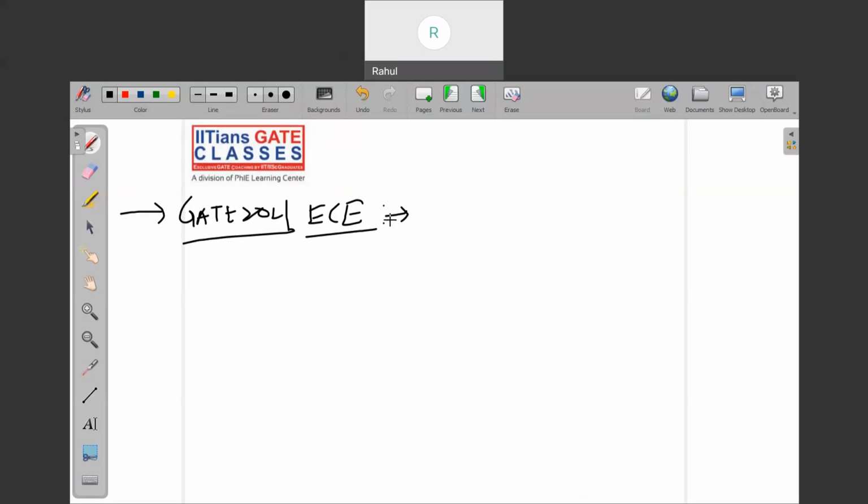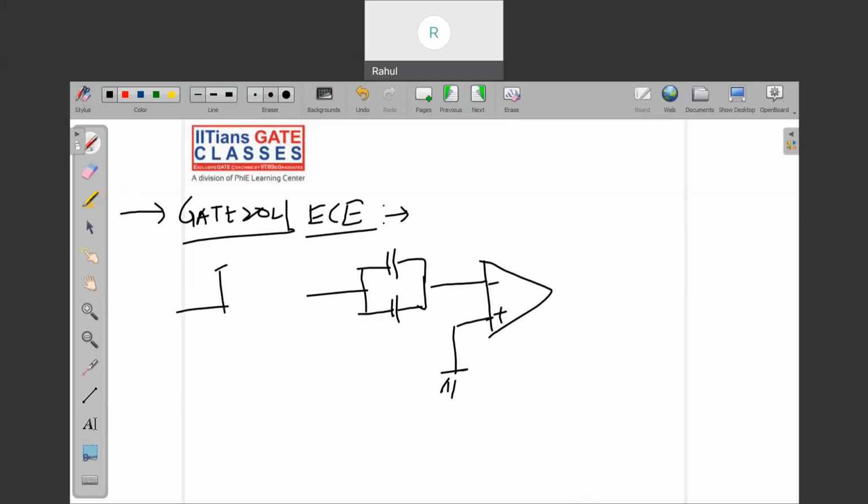I have already discussed one very good problem from the op-amp, which was asked in GATE 2021 only. This was the problem. It had a capacitance here, right? I think we have already discussed this problem. They asked the voltage at 0 plus.